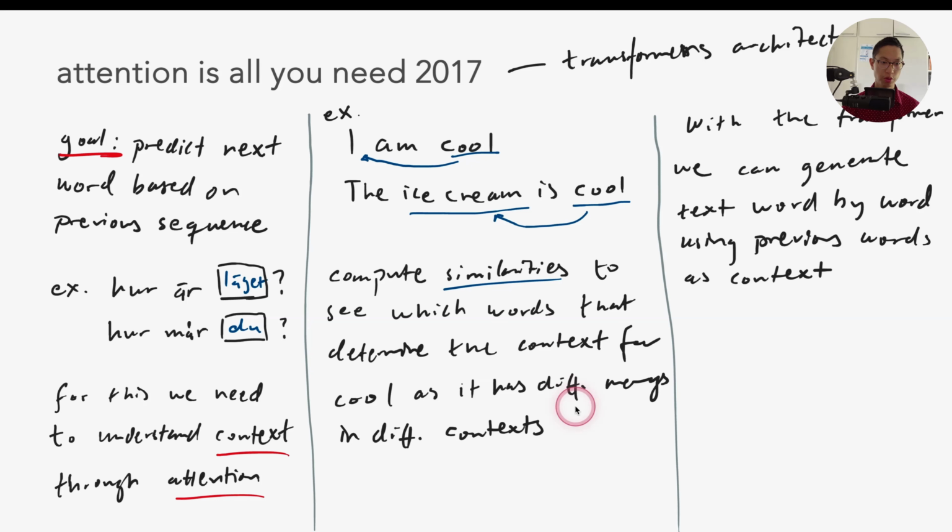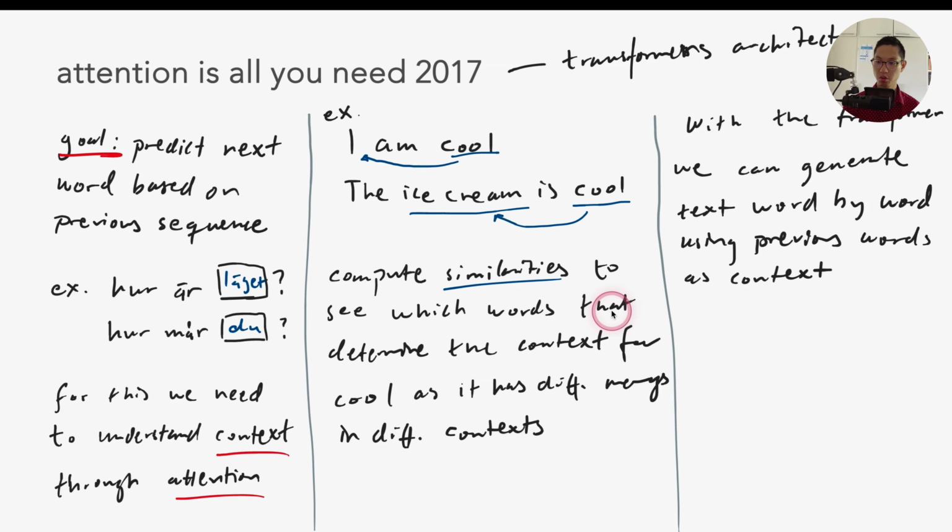It's jumping around and looking at the different similarity scores to see whether this word will determine cool the most, while the word and is not determining cool as much.